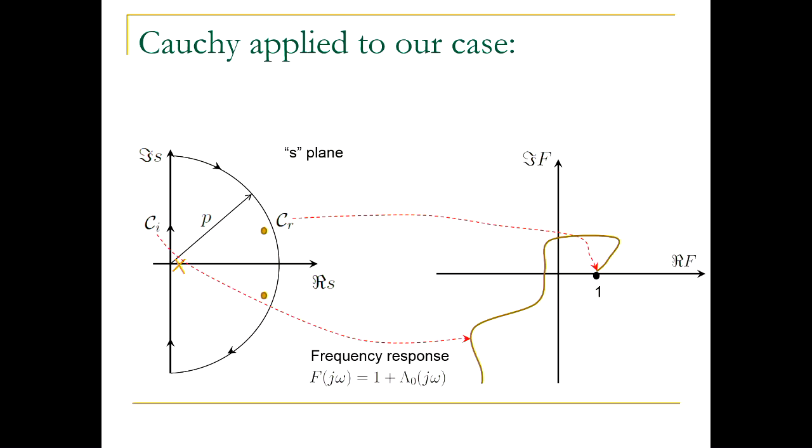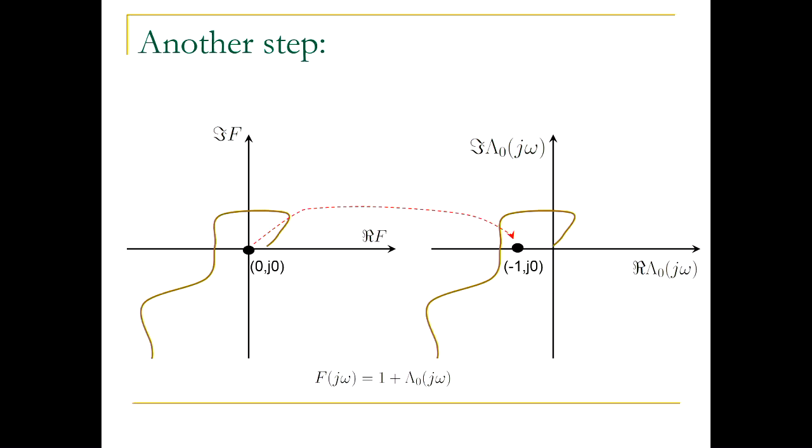And then there's one more step. What are the real part and imaginary part of F? If I look at some sort of frequency response, some contour in the F plane, what Cauchy was talking about was how many times the contour in the F plane would encircle the origin.